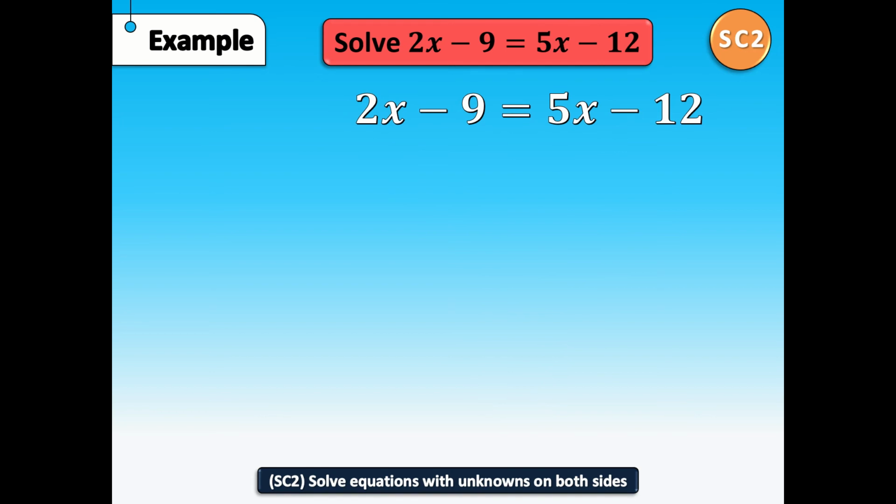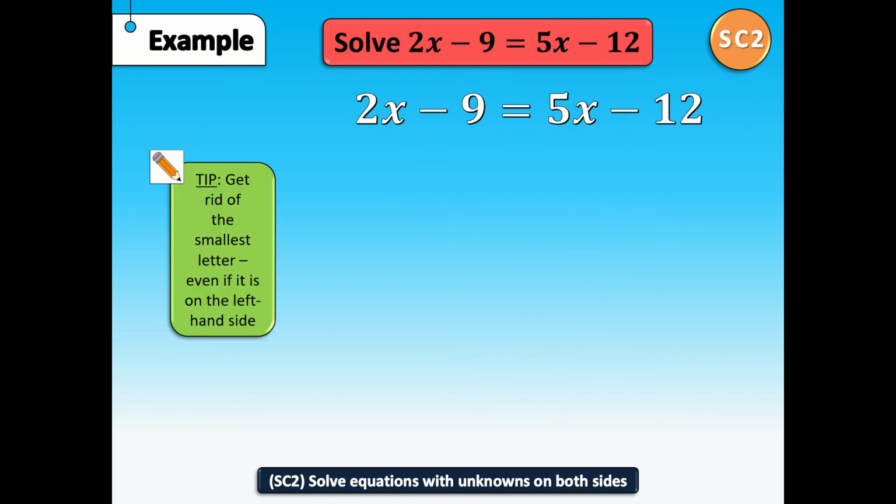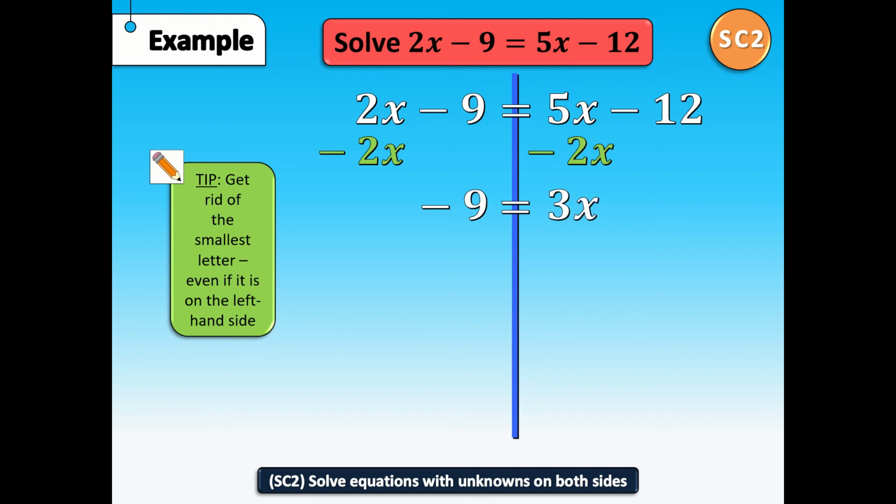Here's another example. So again, I look for the smallest letter. So we've got 2x and 5x. So I'm going to take 2x off both sides, because 2x is smaller than 5x. So that leaves me with minus 9 on this side, and 3x minus 12 on this side.